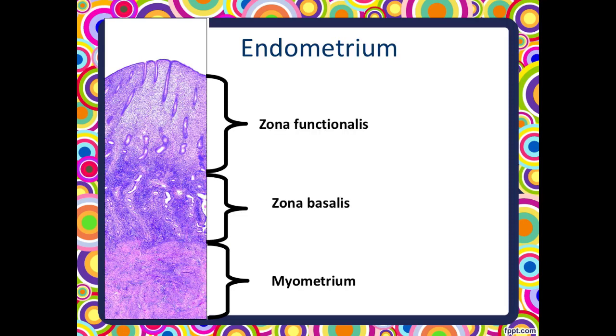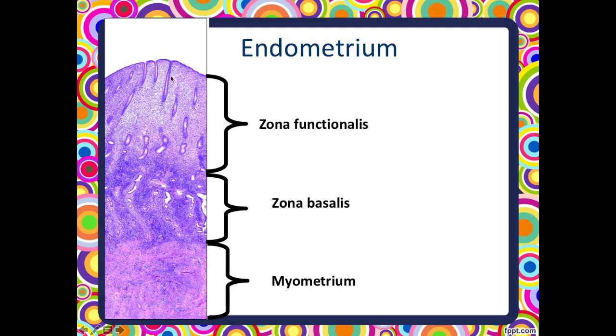It can be divided into two layers. Zona functionalis is the more superficial one, so it's near to the uterine cavity. This is the epithelium of the endometrium lining the uterine cavity, simple columnar. These are the uterine glands.